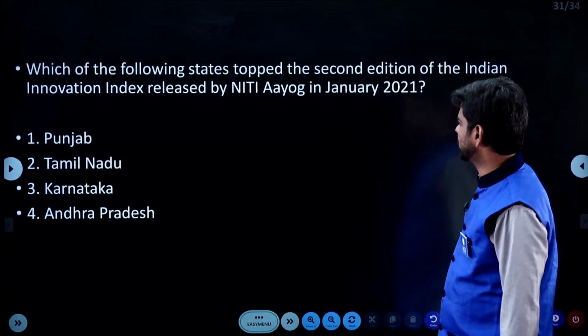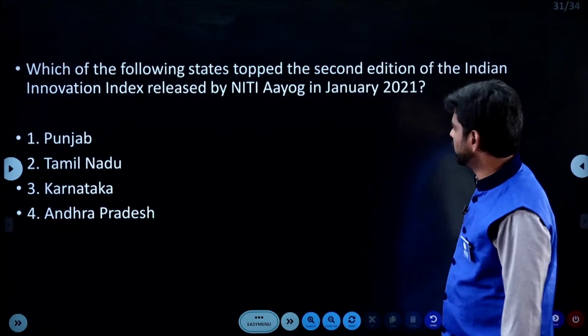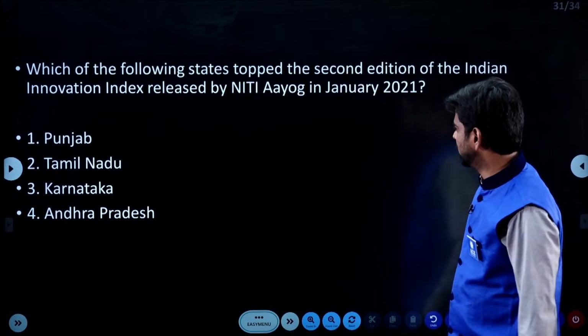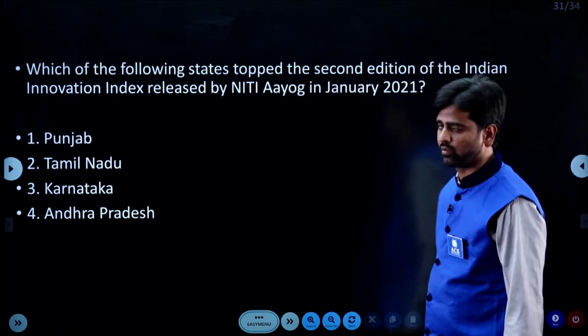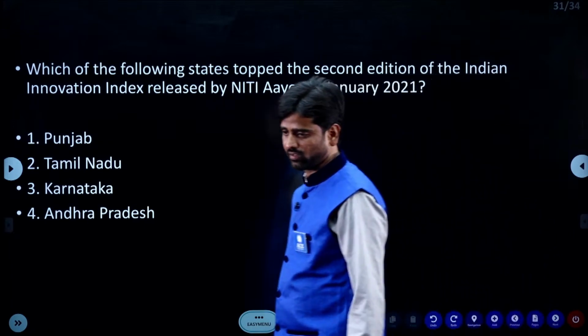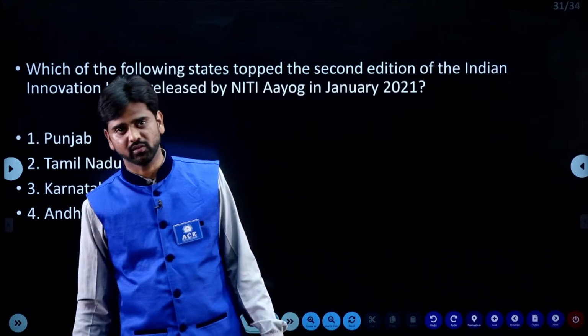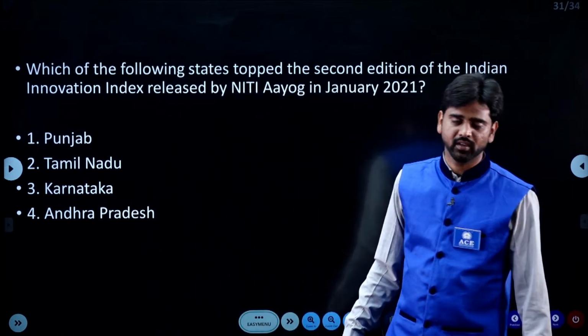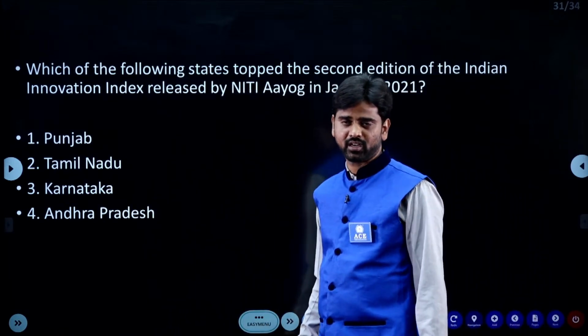Which of the following states topped the second edition of the India Innovation Index? Next he has come to the reports by Niti Aayog. The India Innovation Index considers which state has attracted the highest foreign direct investments, and which state has got the highest number of startup companies.